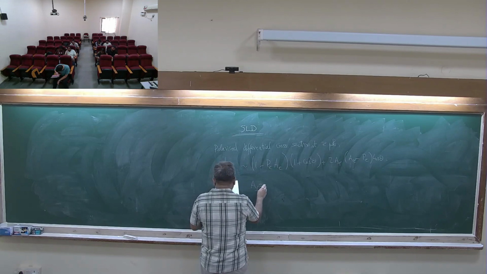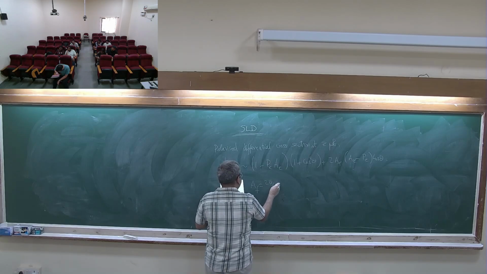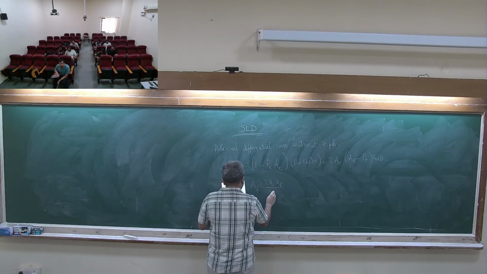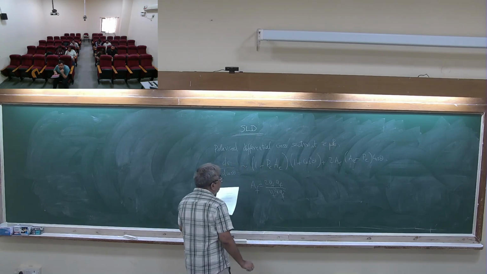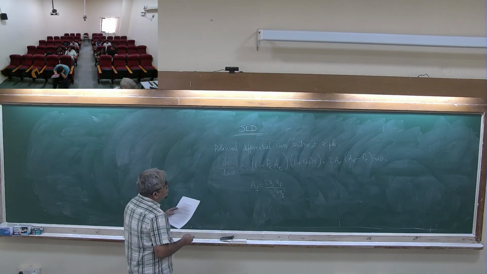A_F again is in terms of couplings, 2 V_F A_F over V_F squared plus A_F squared. These are just the couplings.